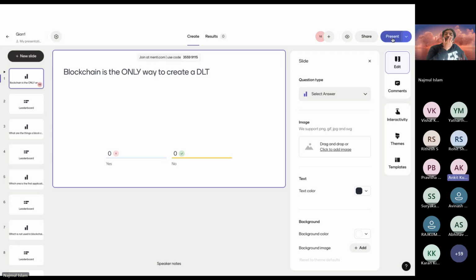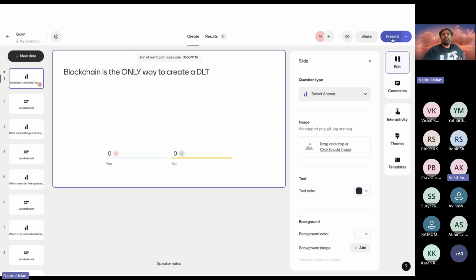Okay. The next question: which consensus algorithm is used in Bitcoin? Can you mute? Which consensus algorithm is used in Bitcoin?